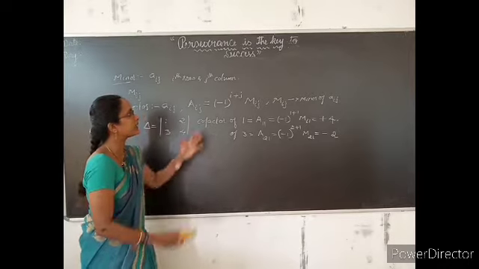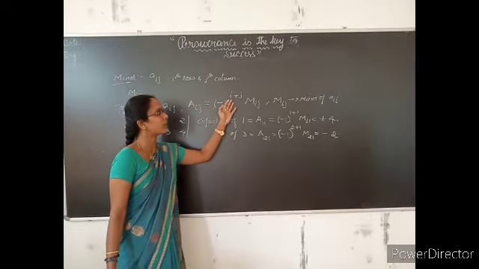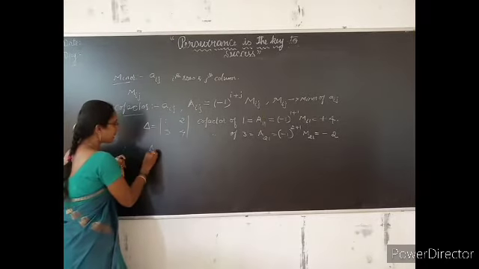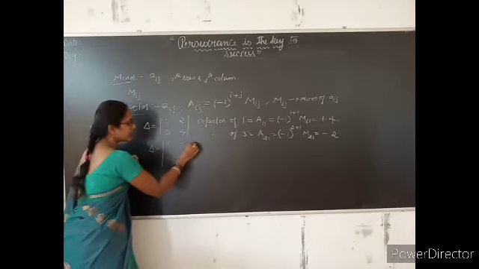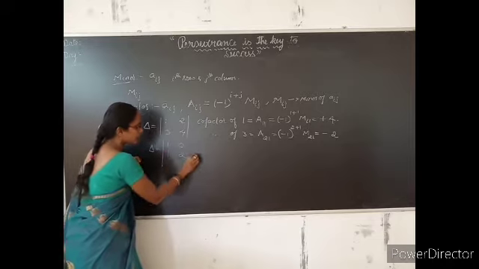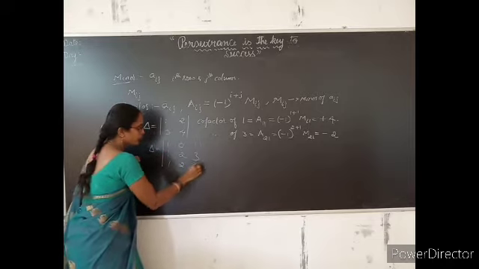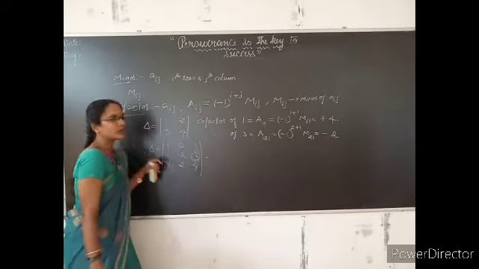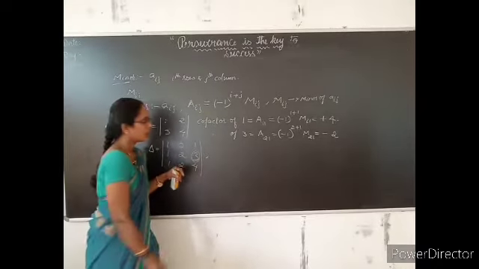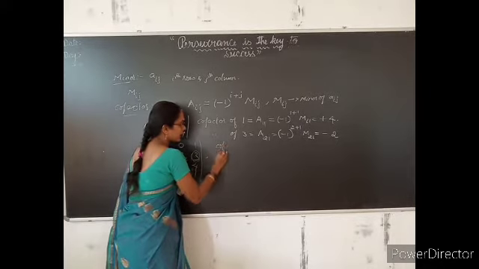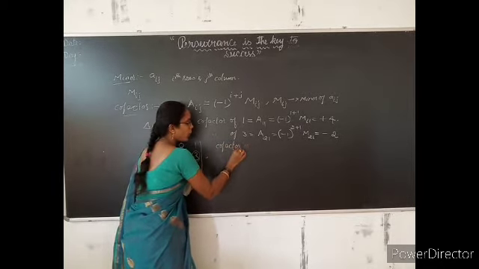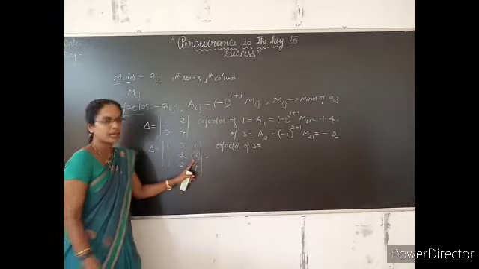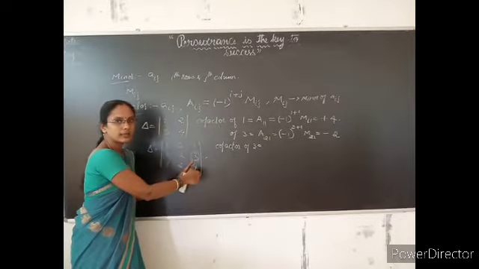The formula is minus 1 to the power i plus j into Mij. For example, delta is equal to 1, 0, 1, 1, 2, 3, 1, 2, 4. Here I have to find the cofactor of this element 3. The cofactor of the element 3 lies in the second row, third column.